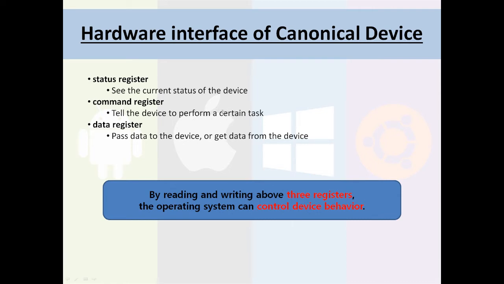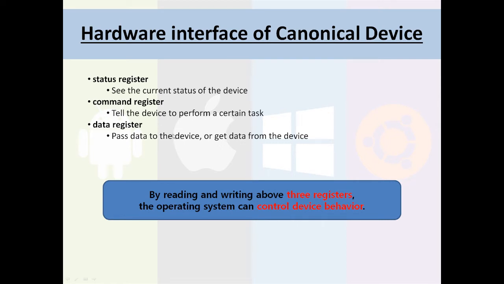The command register allows us to tell the device to perform a certain task, whether it be reads or writes for hard disks, or other tasks that other hardware devices perform. This is where we indicate to the device what task we want it to perform.